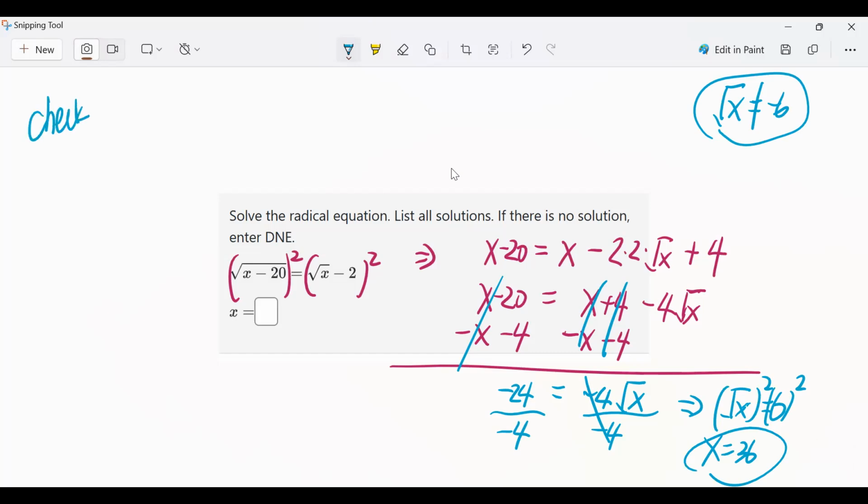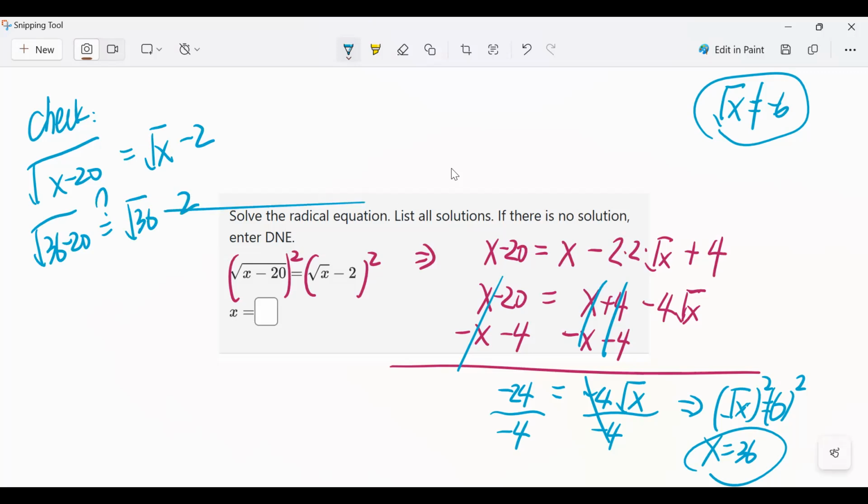Check it. The radical x minus 20 equal to radical x minus 2. So throw in 36, you get square root of 36 minus 20 equals square root of 36 minus 2.